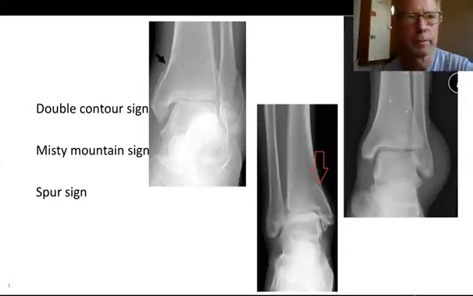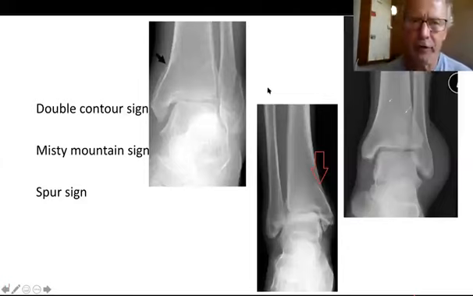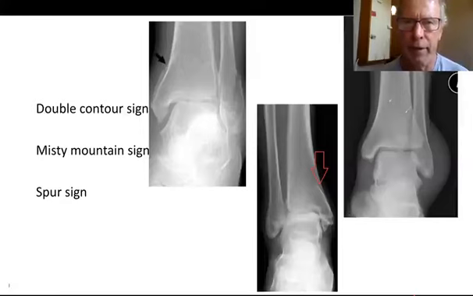Okay, I'll try and answer that. I think there are 2 things involved here. There's clinical examination and there's radiological investigation. So if there was any doubt in my mind as to whether there was a high Weber C component, then I would definitely X-ray the entire length of the tib fib to include the joint above.